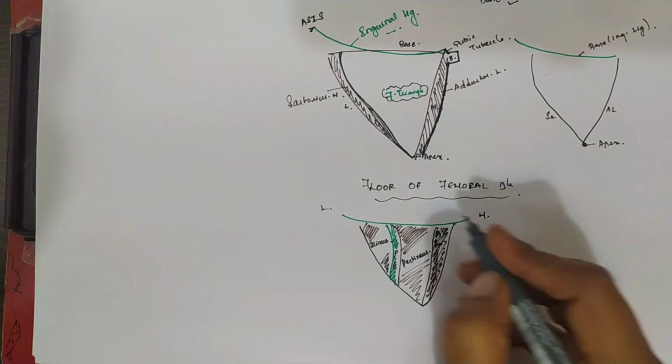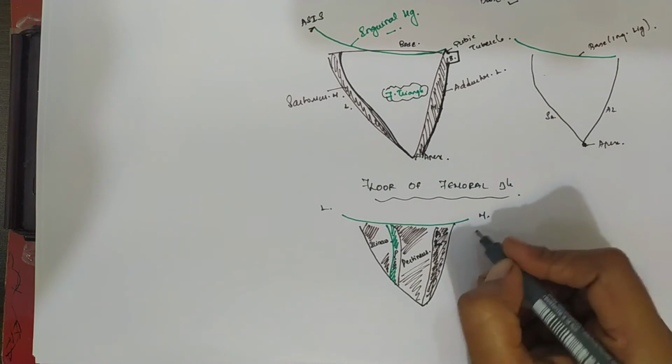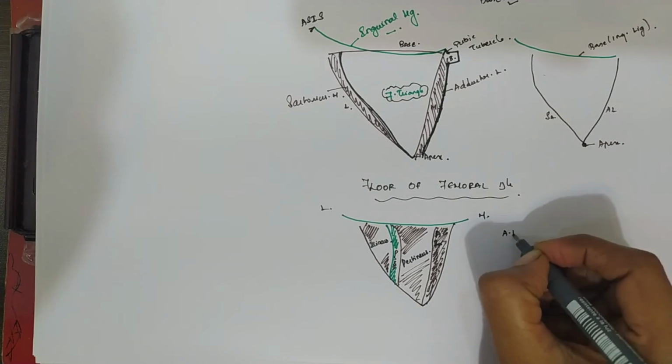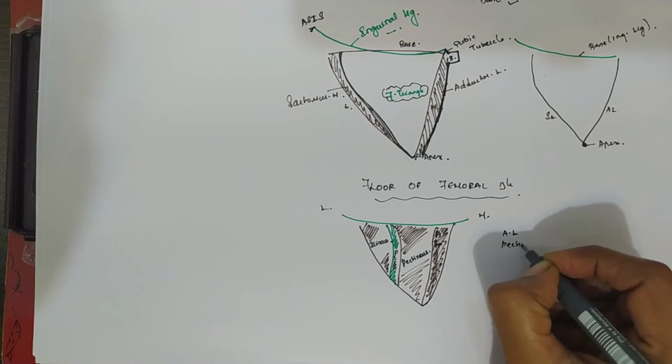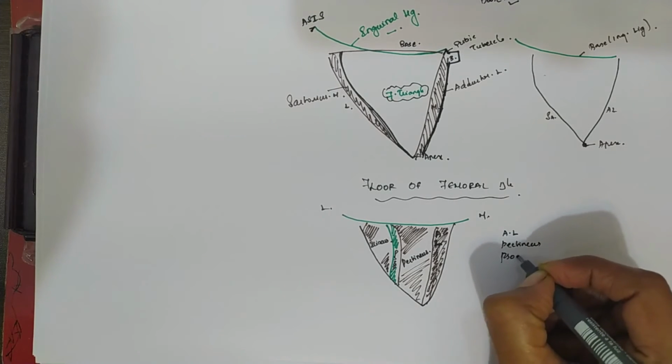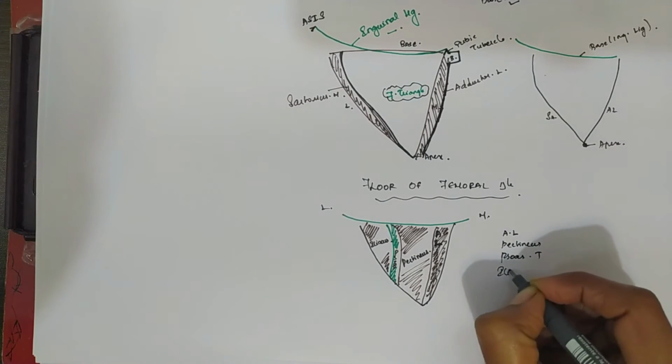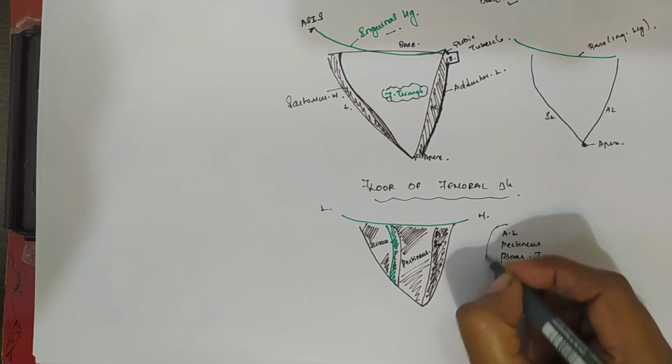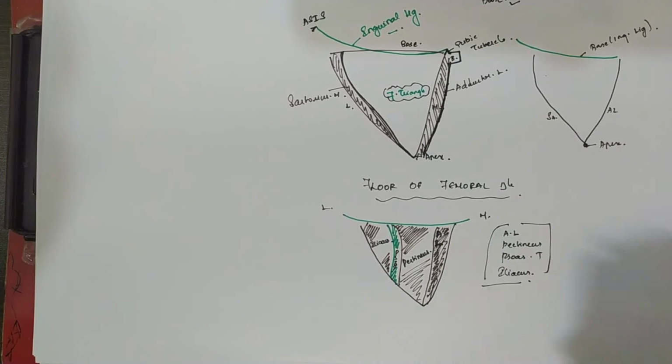So I hope you understood. The floor is contributed by 4 muscles from medial to lateral: adductor longus, pectineus, psoas tendon and iliacus. These are the floor muscles contributing.